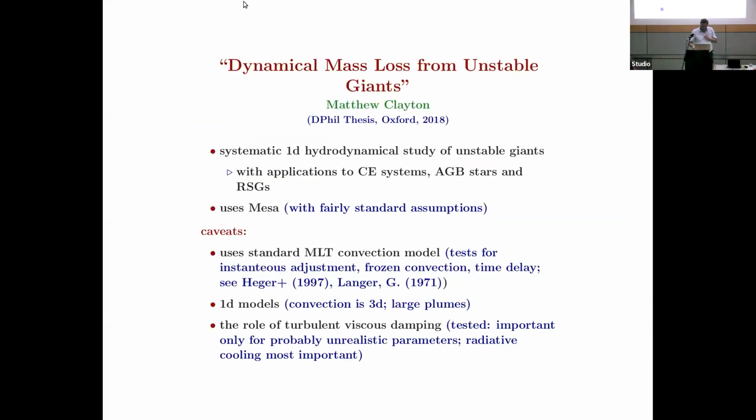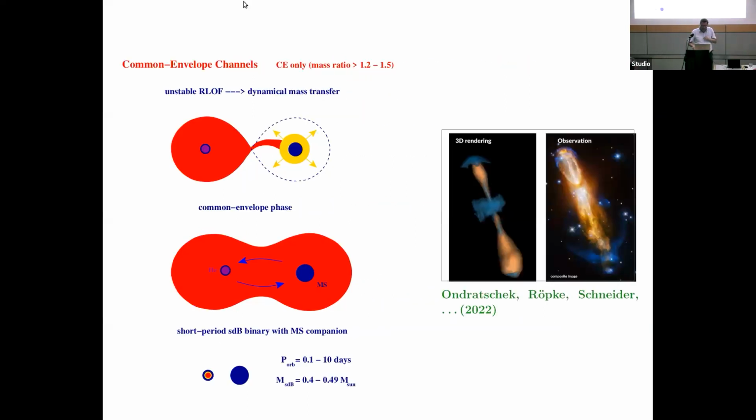Now, I will show you, we've looked at this in different contexts. I will show you first our calculation in the context of what's called common envelope evolution. I mentioned earlier that many stars are in binary systems. And one of the things that can happen is you have mass transfer from one star to the companion star, but the companion star cannot actually accrete all the matter, and then it also fills its own envelope.